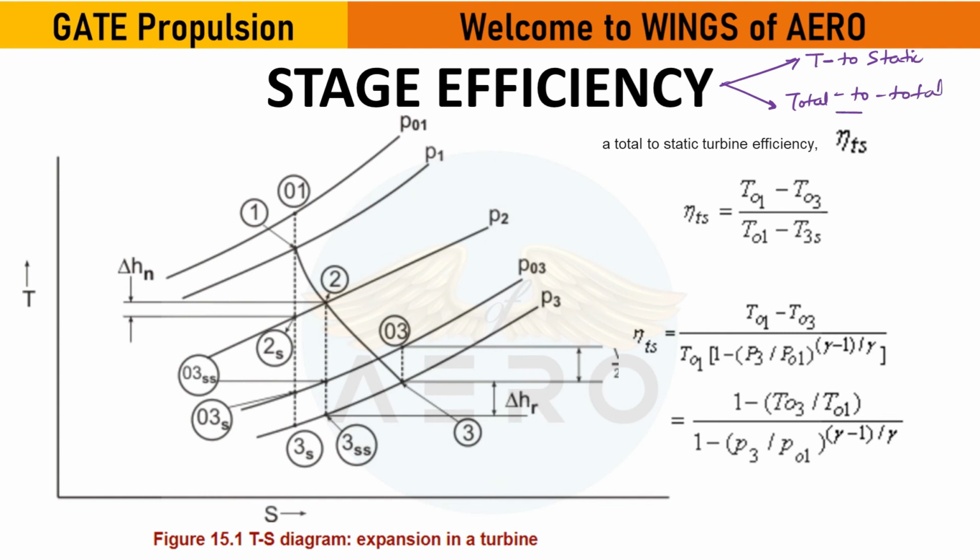Usually total to total is what we see as the isentropic efficiency. So there are 2 types of stage efficiency, total to static and total to total. Now, when we discuss turbine efficiency, it is always the actual by the ideal conditions.